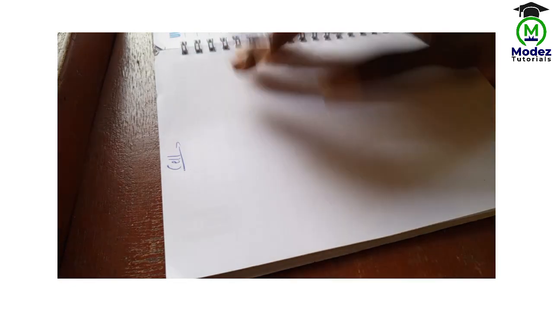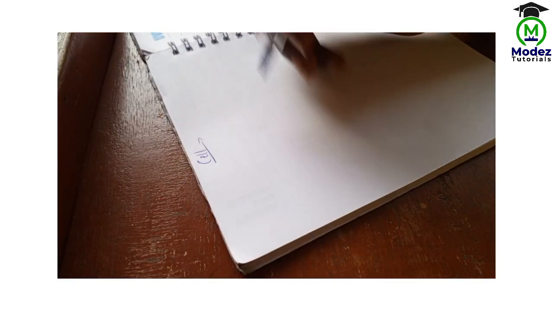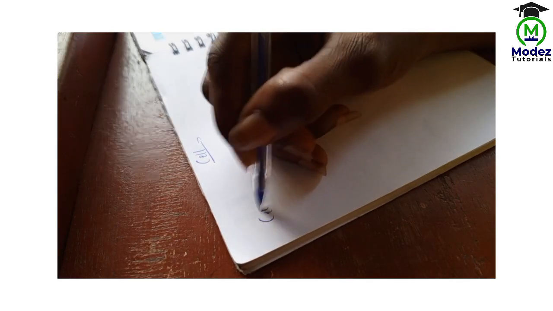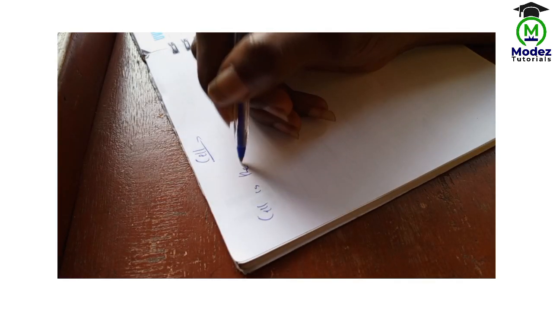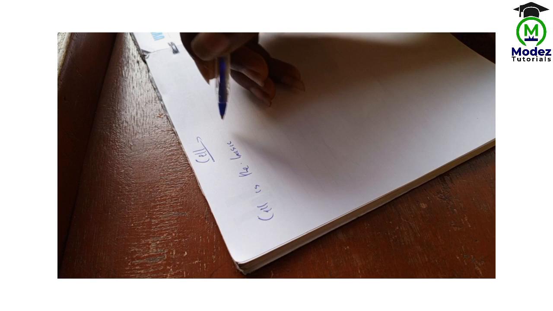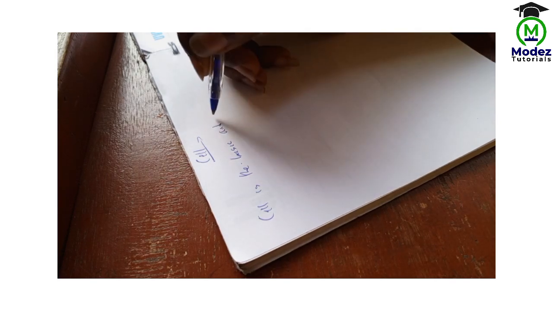Today we'll be discussing biology, and the topic we'll be discussing under biology is the cell. So now, what is a cell? As you were taught, the cell is the basic and smallest and the functional unit of life.